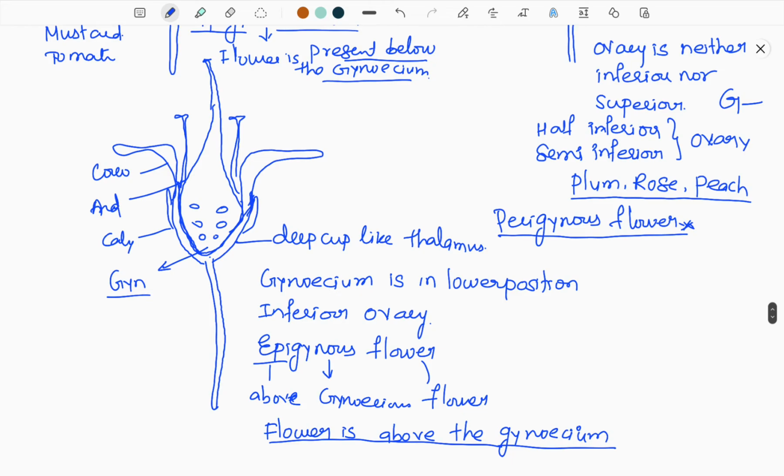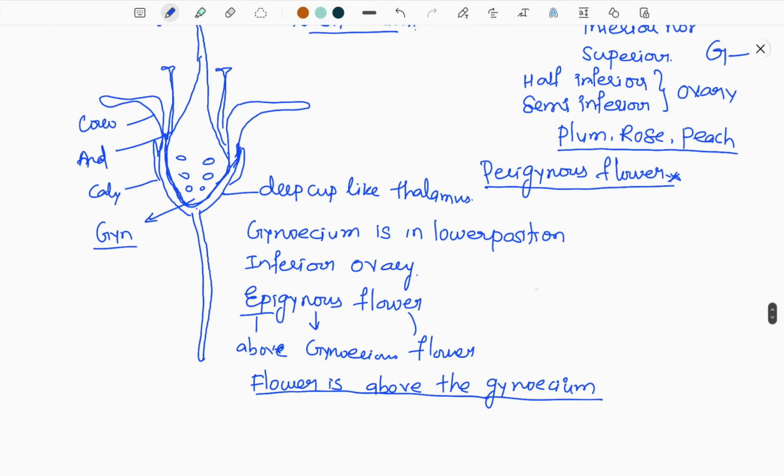Let me tell you the examples for the epigynous flower. This is the symbol, this is gynoecium, and this is lower, it is like this symbol. We can give lots of examples, like guava is one such example. Then cucumber, cucurbits, all Cucurbitaceae members are the best examples.